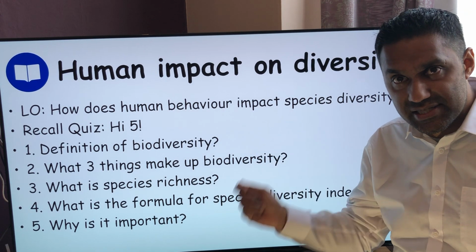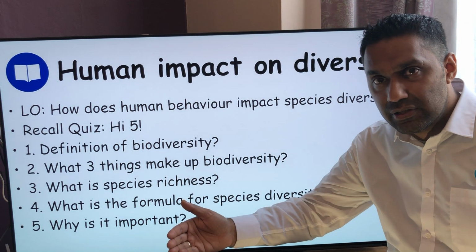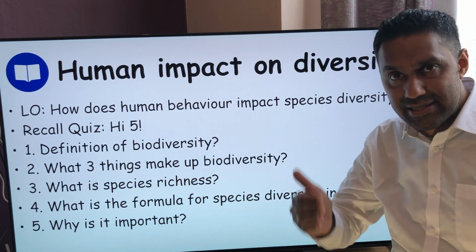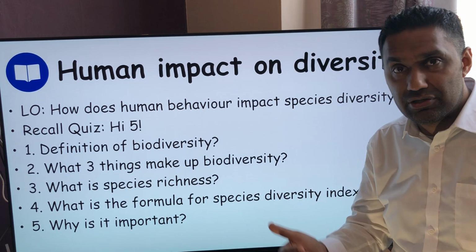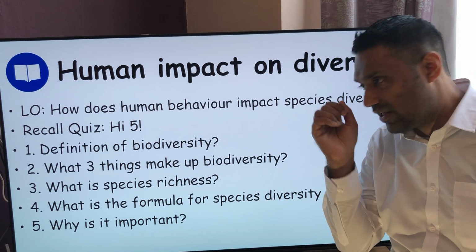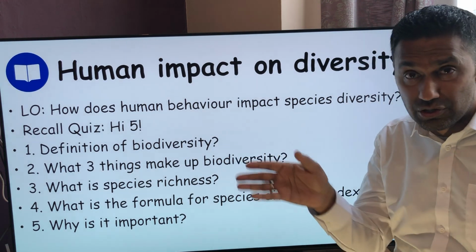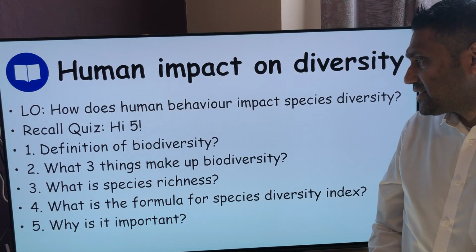The higher the species diversity index, the more different species you have, and for each of those species you've got lots of them, so they are equally abundant. So there's not just one or two of that particular species, there's like 1,000 of that one, 1,000 of that one, 1,000 of that one, and so on. Okay? So that's what species richness is.